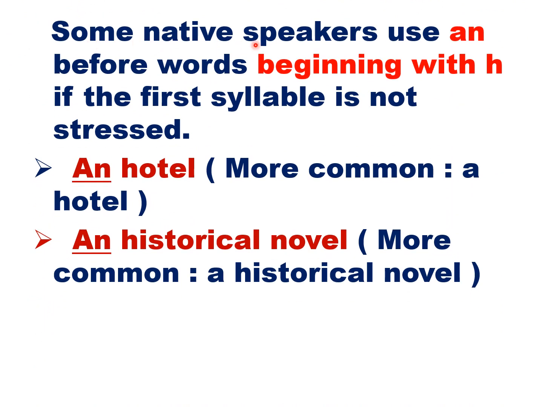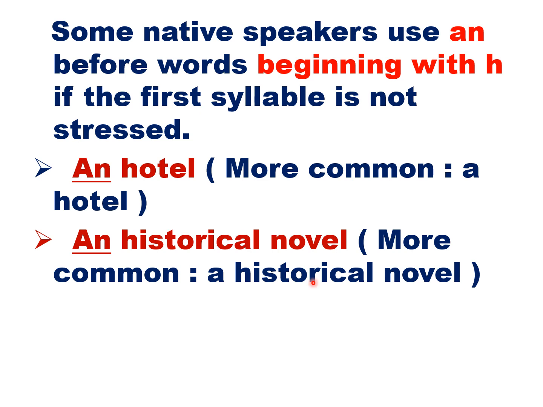Some native speakers use an before words beginning with H if the first syllable is not stressed. The native speakers use an before the words hotel and historical novel. Many have doubt regarding the usage of articles before hotel and history.